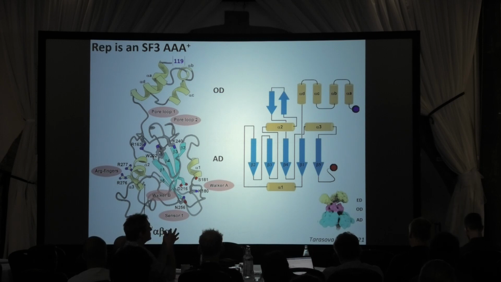It could be nucleic acid, as in this situation, DNA, or protein. It's used for digesting protein. Proteasome is one of these. It's used for pulling proteins apart. So it's used for pulling things through it. That's just a very generic description of what AAA plus proteins are.